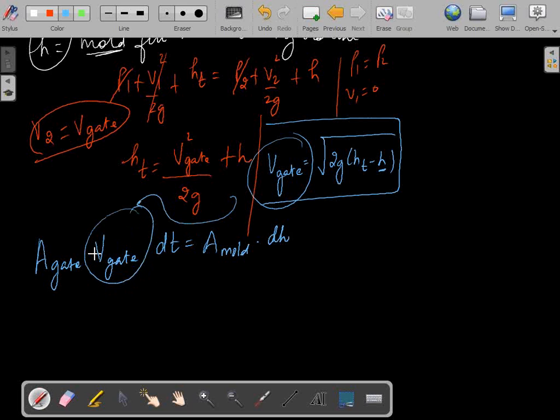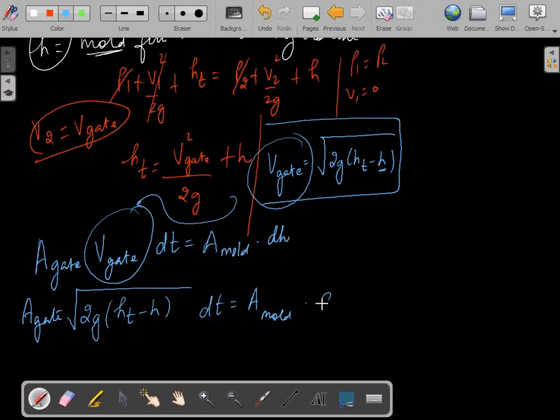Substitute this value over here. So you would get A gate into root 2g ht minus h into dt is equal to A mold into dH.